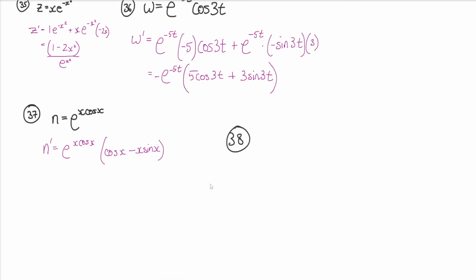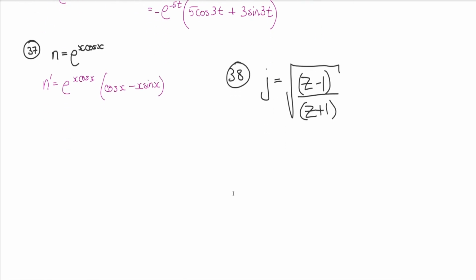So 38. J is the square root of z minus 1 all over z plus 1. Okay, so the square root of the whole thing.